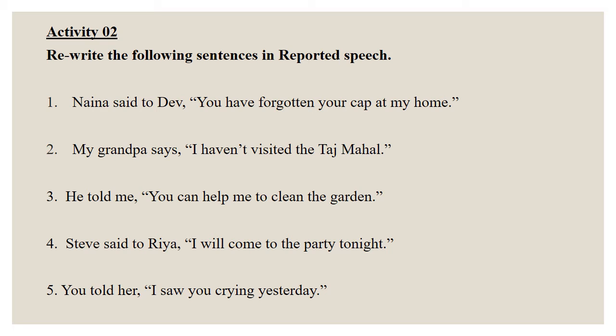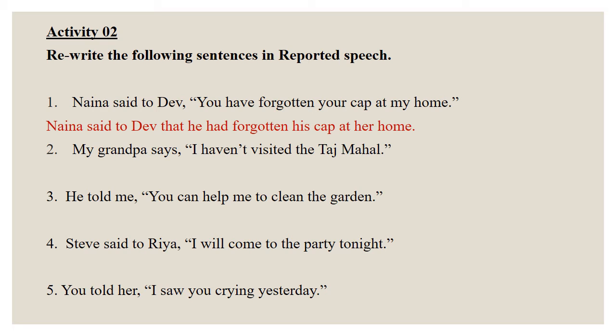Number 1, Naina said to Dev, you have forgotten your cap at my home. Let's see the answer. Naina said to Dev that he had forgotten his cap at home. Right. Number 2. My grandpa says I haven't visited the Taj Mahal. Okay. Now see, the first sentence was like this.